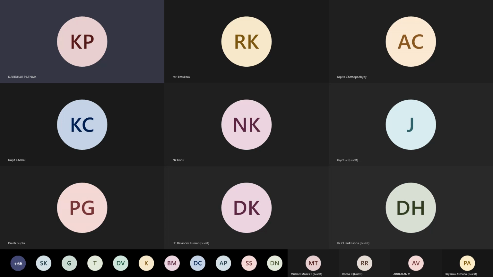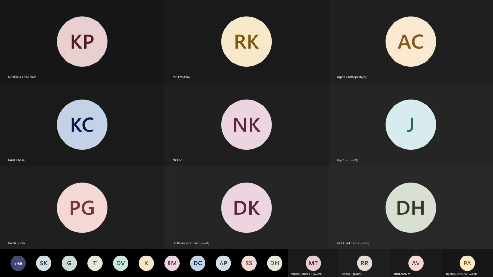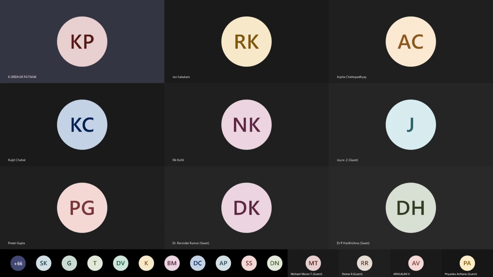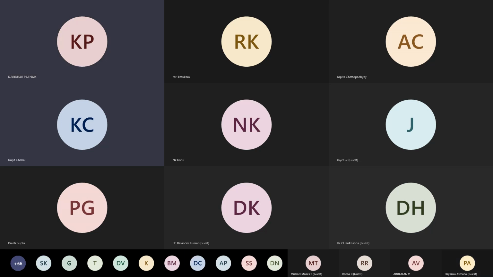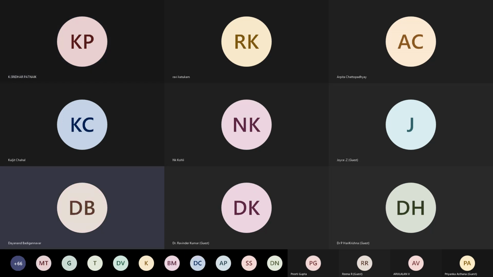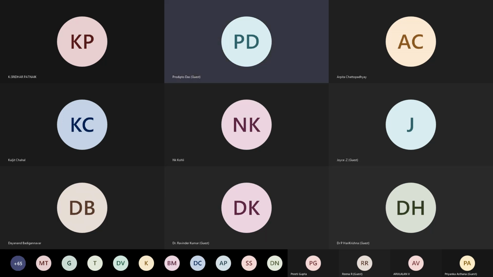Can you see now? No. What is visible on the screen? Only RK is written. What about the rest of the participants? Is it visible? No, sir, it is not visible. If it is not visible to me, it's not visible to everyone. Sir, can we log in? Exit and log in. Kindly exit and re-log in, sir.